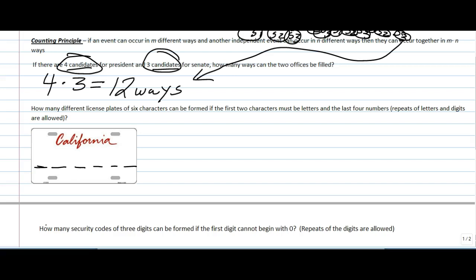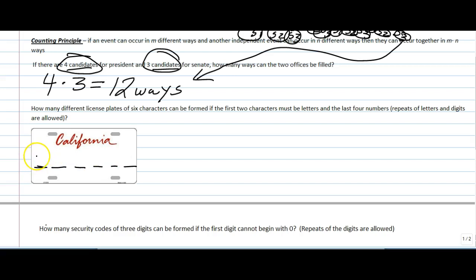However, here we're trying to determine how many different license plates of 6 characters can be formed if the first 2 characters must be letters and the last 4 characters must be numbers. And here we're allowed to repeat both the letters and numbers.